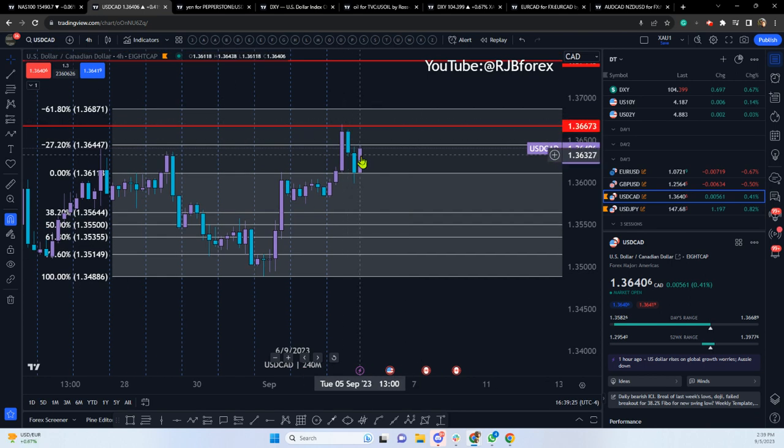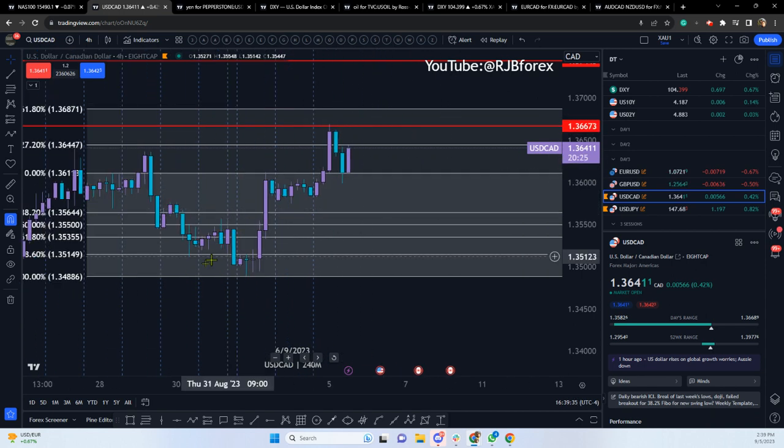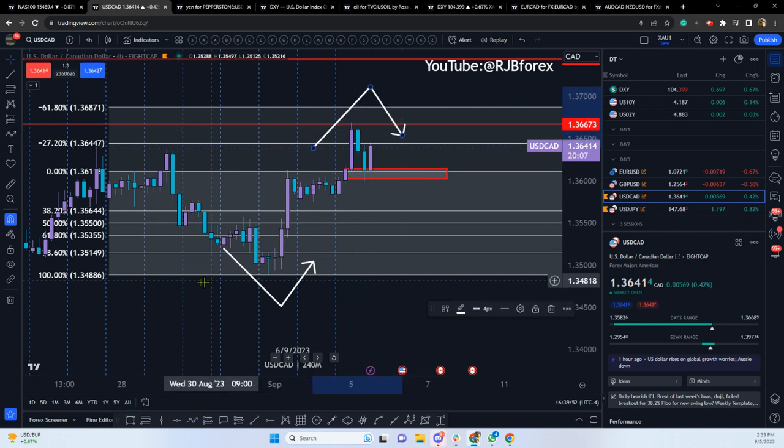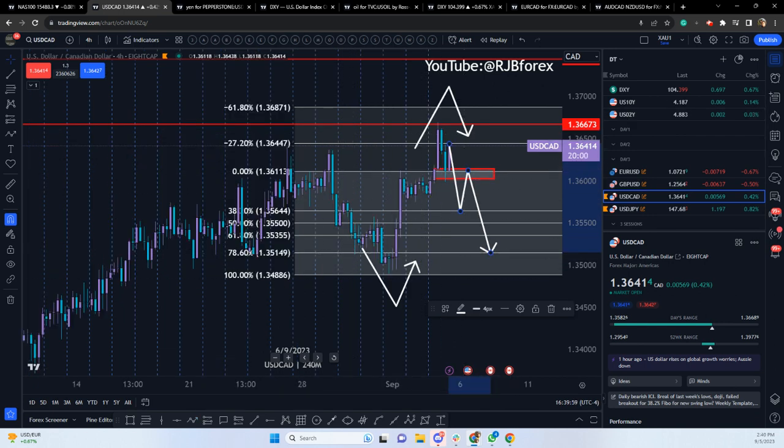So we can have a day one move to the downside. So one, two, three, correction. We need to break below the lows. Are we going to have a peak formation here? We had one down here. Are we going to have a peak formation up here? This is dollar CAD. And if so, we're looking for the lower into longs.